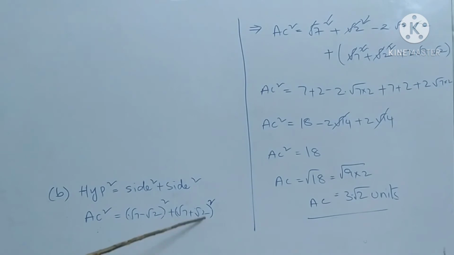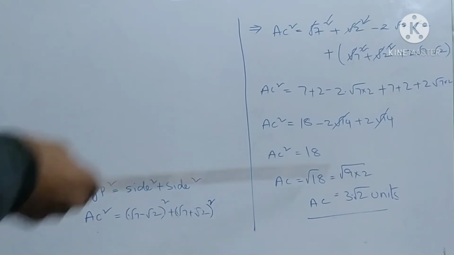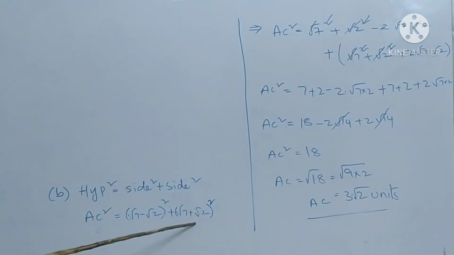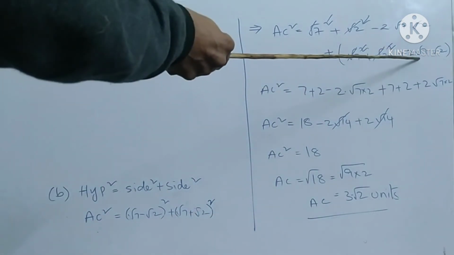So here a plus b whole square formula, a square plus b square plus 2ab. Here a square means root 7 square plus b square means root 2 square plus 2ab means plus 2 into root 7 into root 2.